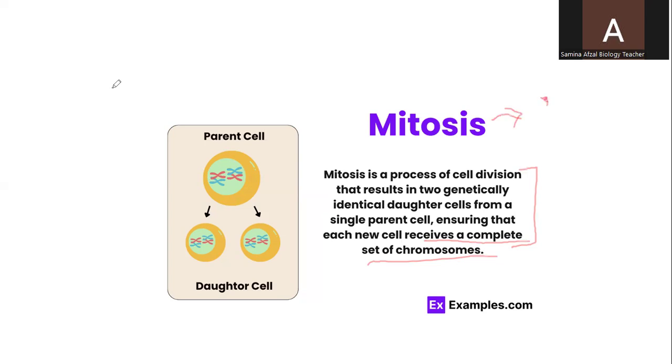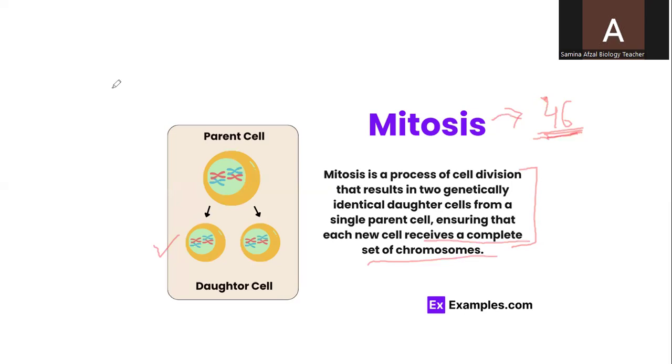It means the cells which will divide by the process of mitosis will have 46 chromosomes. So every parent cell has 46 chromosomes. So the daughter cells, which will be produced by the process of mitosis, will also have 46 chromosomes.